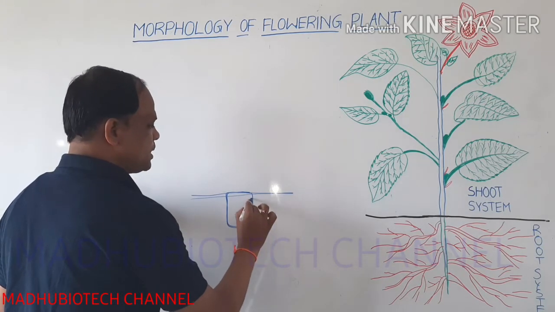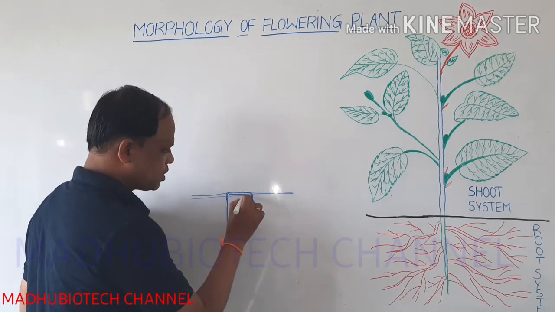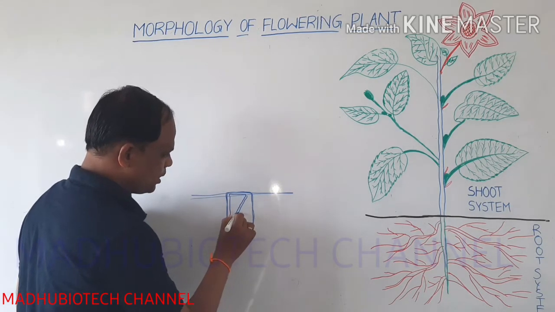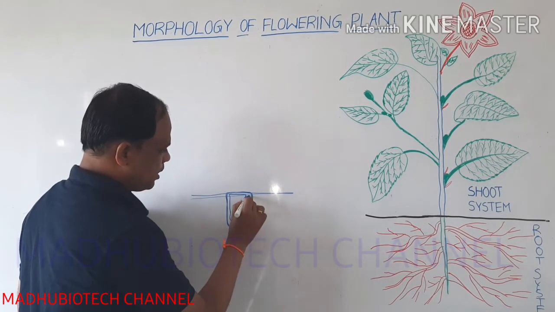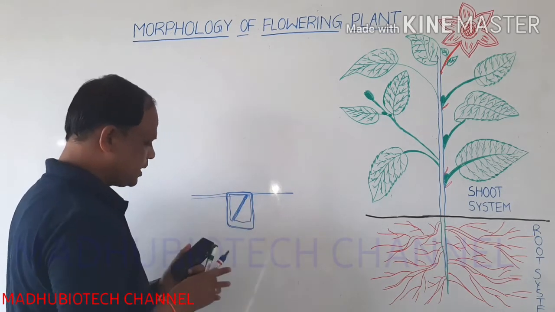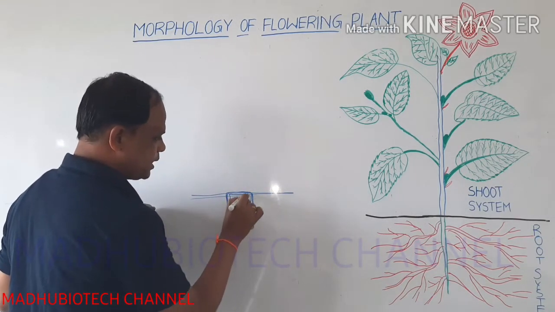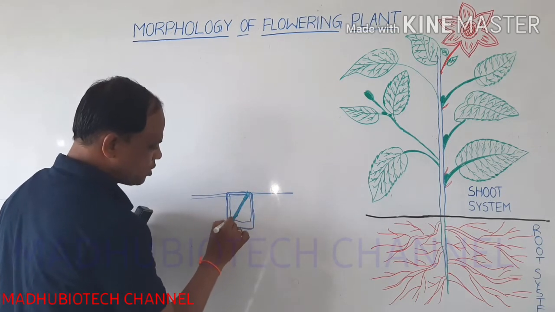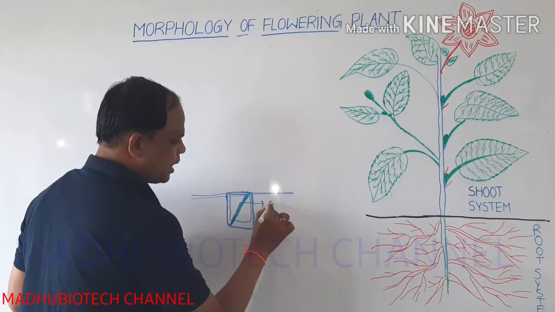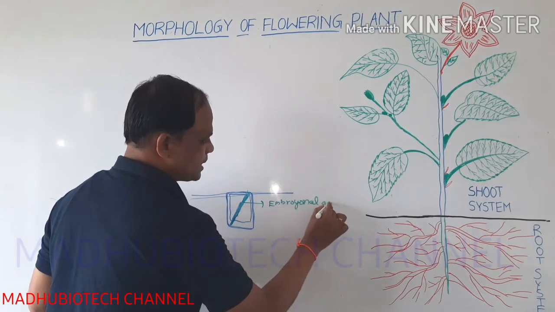For example, this is one seed, and this is a rough diagram of the internal structure of the seed. This is the center part, and this center part is also called the embryonal axis.